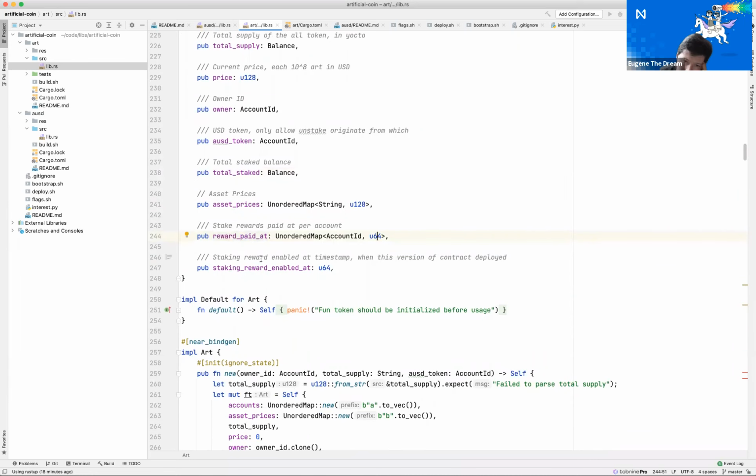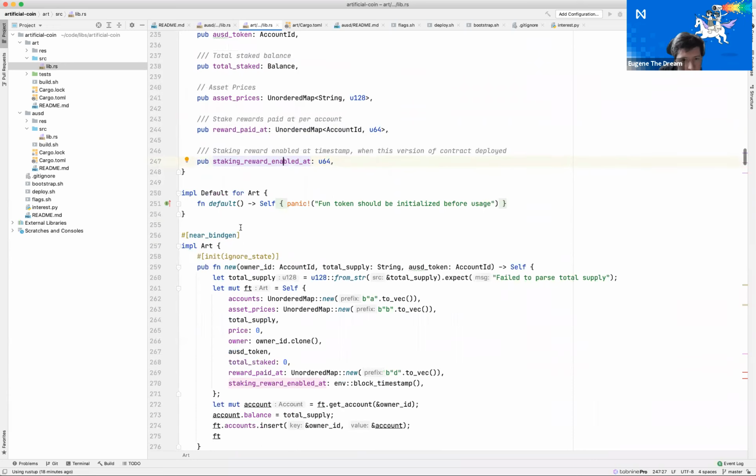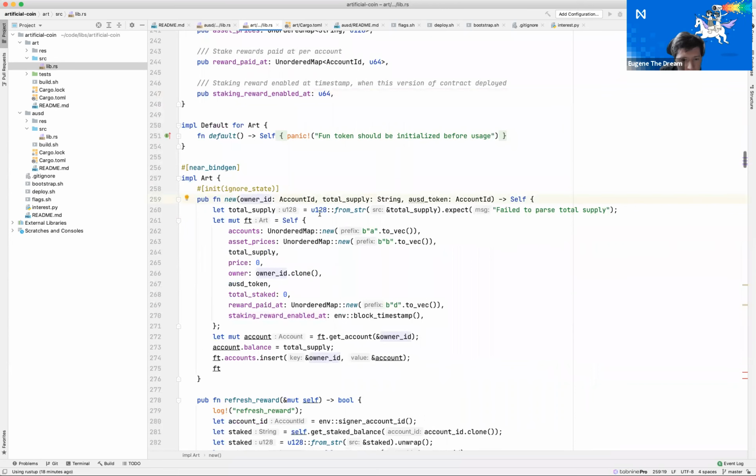Somehow it's U64. Okay. And when the stake, okay, it's a timestamp. And when the staking rewards are enabled. Okay, default, init, ignore state.